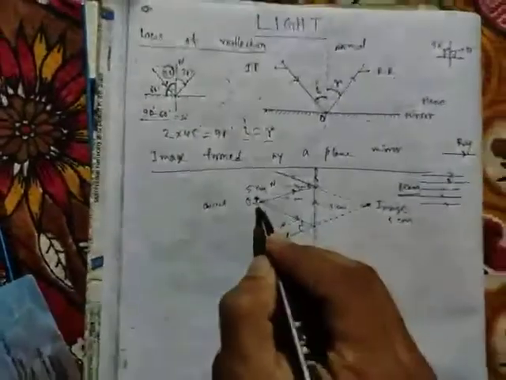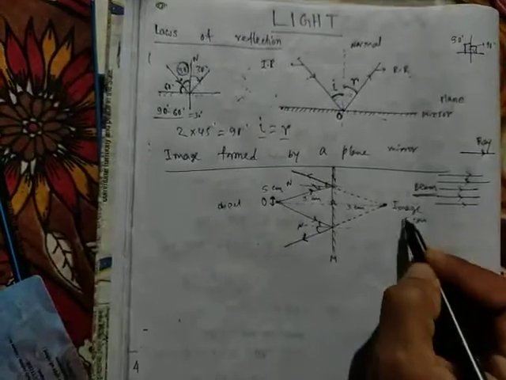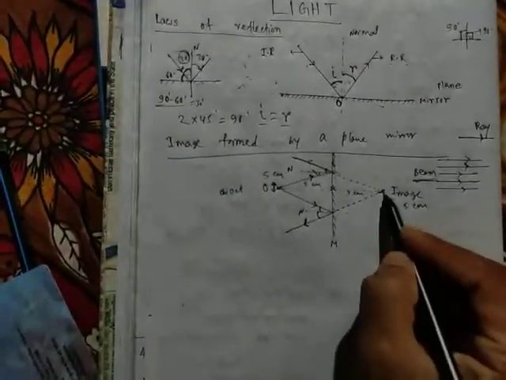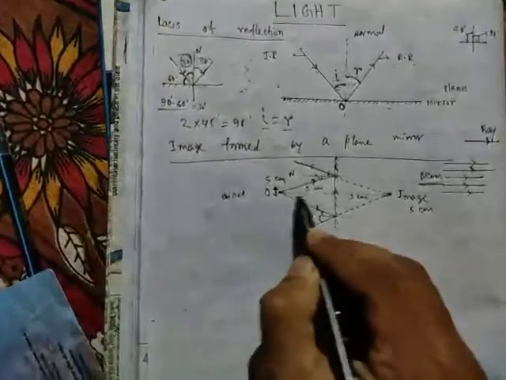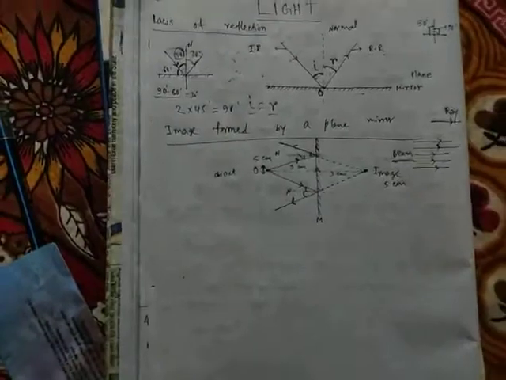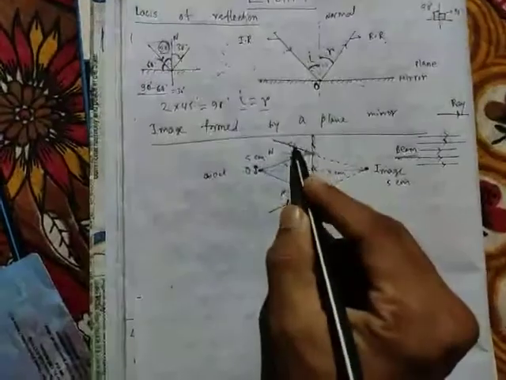So, object height is equal to image height first. Second, the image is laterally inverted. Third, object distance is equal to image distance. Clear? And last, which is more important, can you tell me here whether the rays actually meet or not?